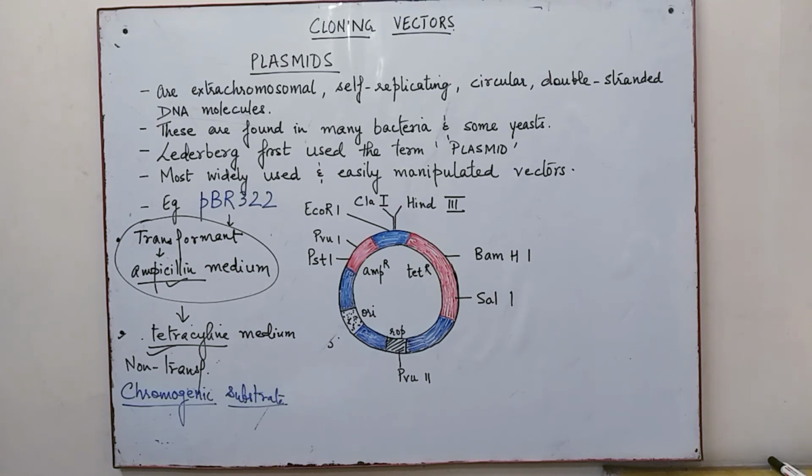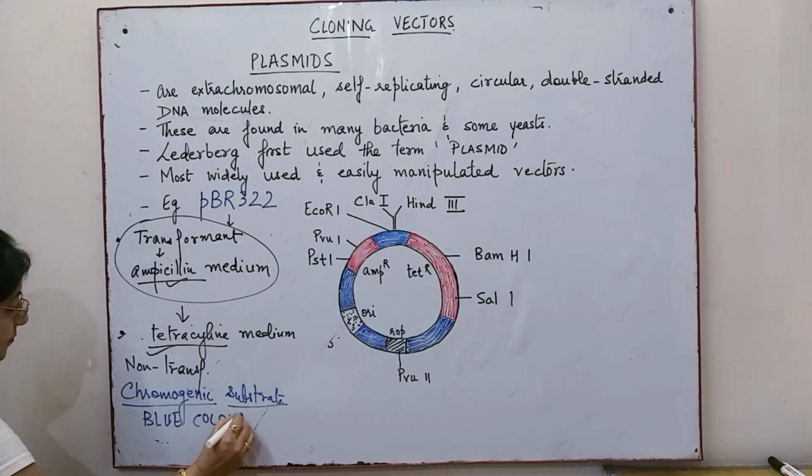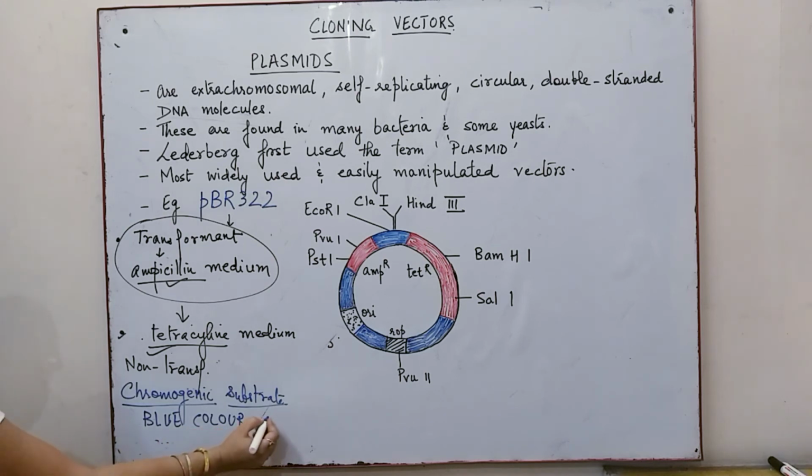Now, the presence of the chromogenic substrate over here in this case gives blue color colonies. If blue color colonies are there, then the plasmid in the bacteria does not have the insert. So that means it will be the non-transformant.